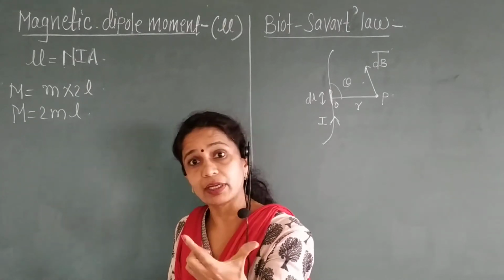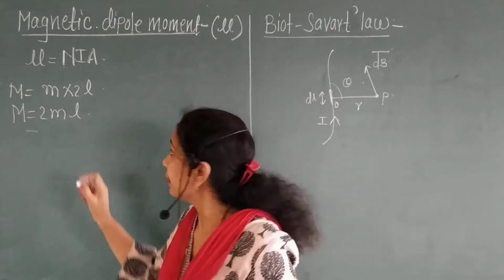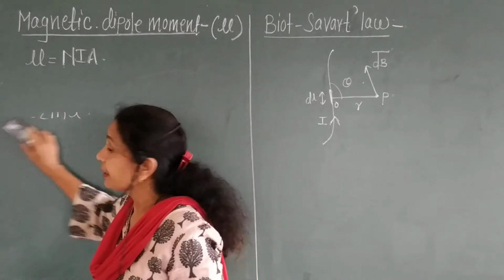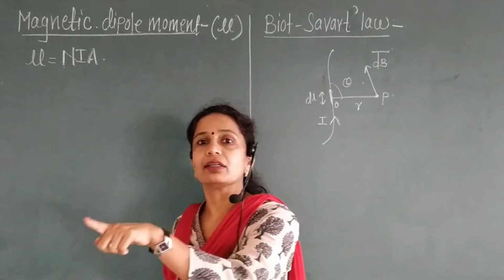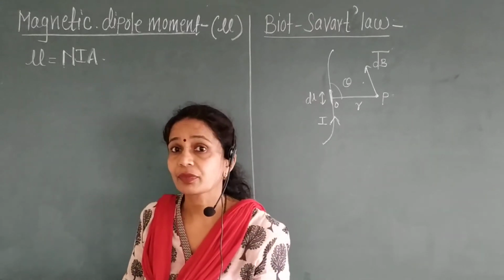Magnetic length is 2L. This is the magnetic dipole moment of a magnet, and it is also the magnetic dipole moment of a circular coil carrying current I, because this circular coil carrying current I behaves as a magnet.